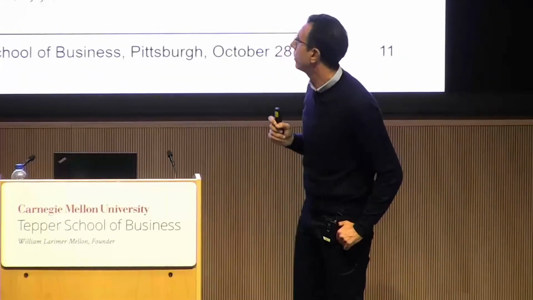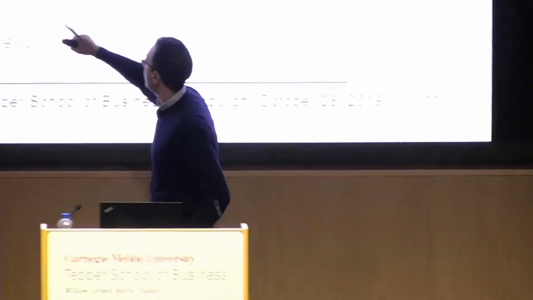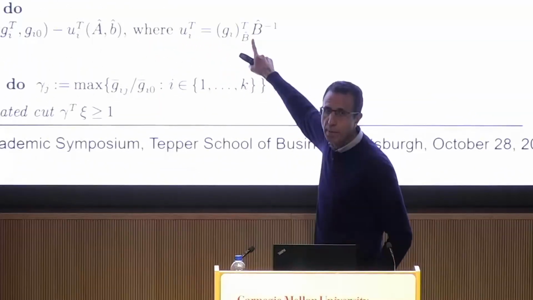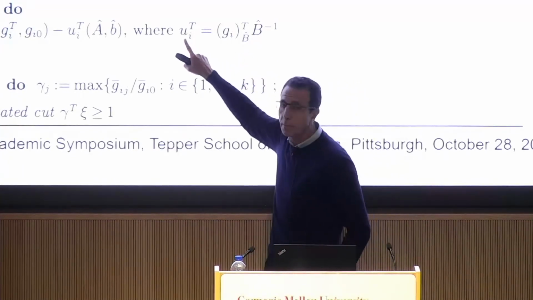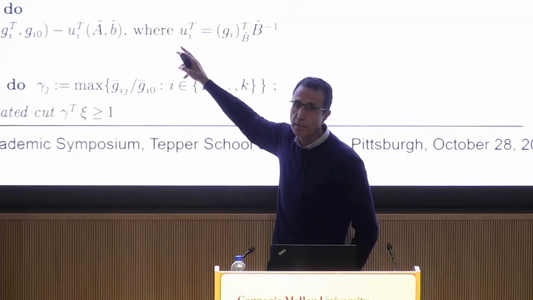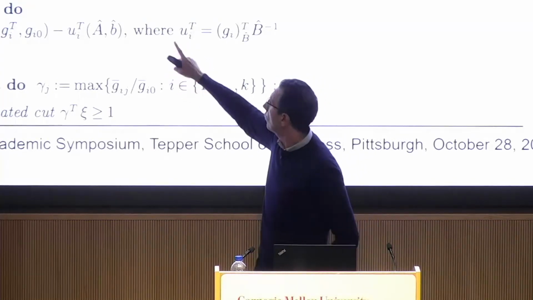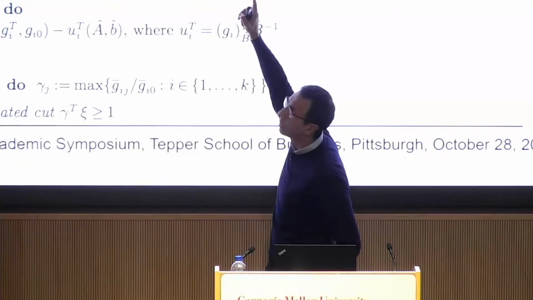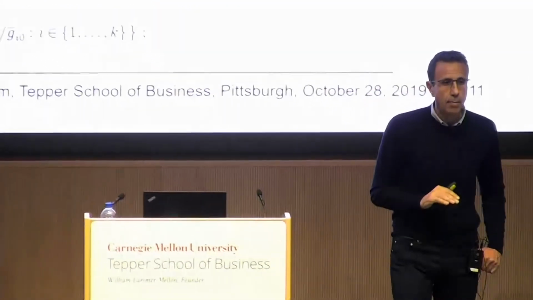Why do I claim that this is safer than the other way around? Suppose the B to the minus 1 is not perfectly accurate, so you have some numerical error here. So these multipliers are not perfect. What is the difficulty there? Since I use these multipliers to recompute the coefficients, the validity of the inequality is not affected by the numerical error.